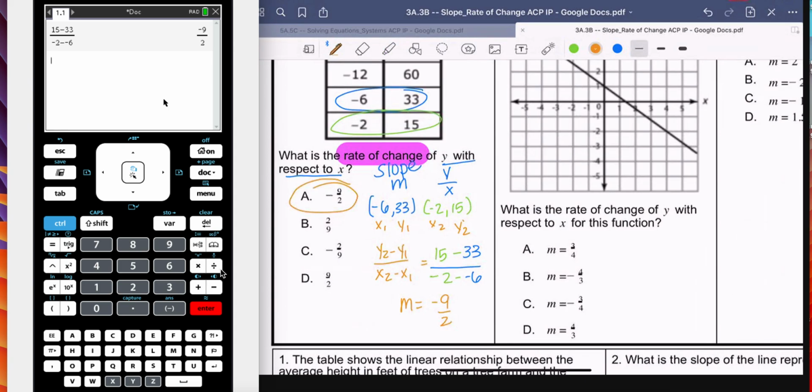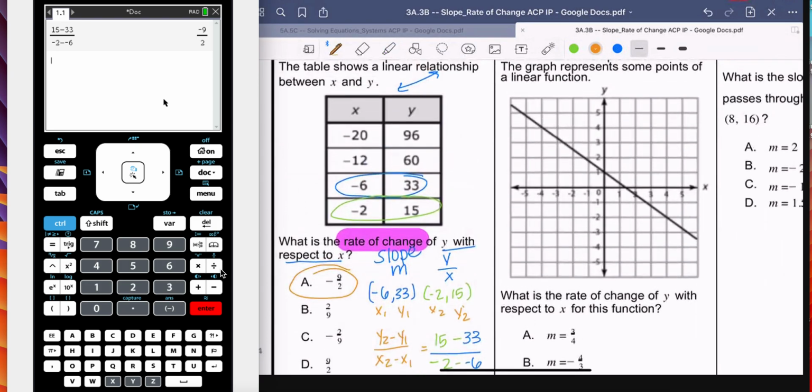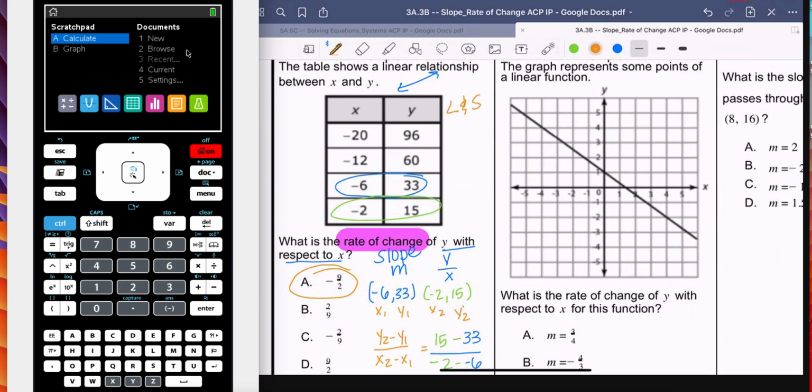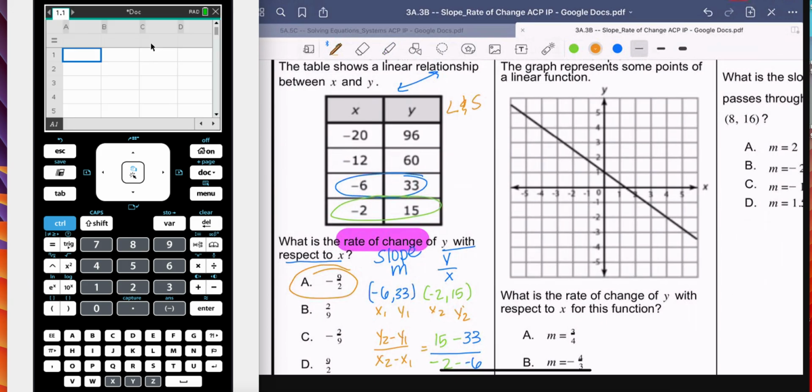If you're struggling with this, I'm going to show you another way you can do this question by using lists and spreadsheets. Let's go over to our calculator and check that out. We can also do it this way: new, lists and spreadsheets. Anytime I have a table, I can use lists and spreadsheets to give me some information.